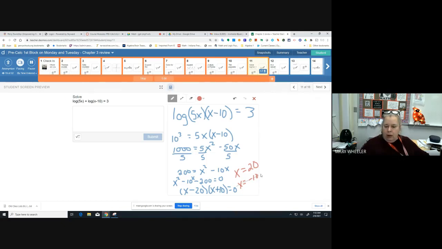So we're going to cross that one off. Our answer is just x equals 20. I kind of like that problem. When you're ready to go on to the next screen, just click on it.